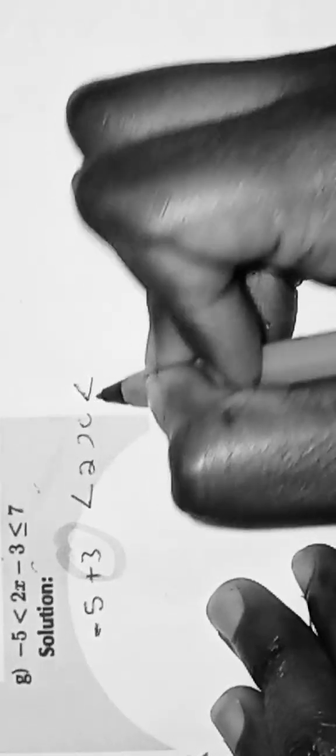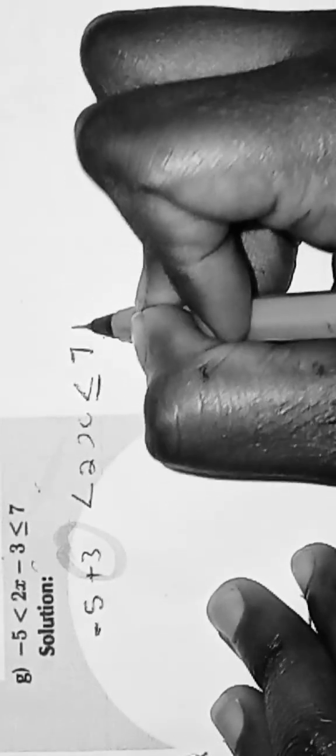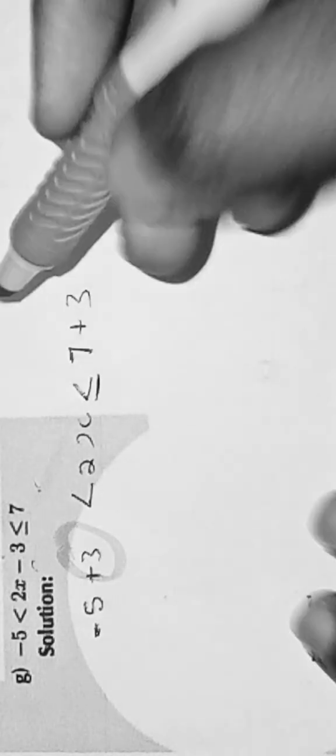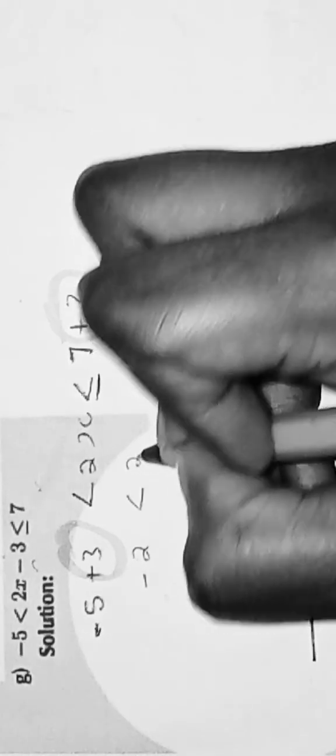And then I have 2x. Let me try like 2x plus 3. -5 plus the 3 is -2, and it's smaller than 2x.